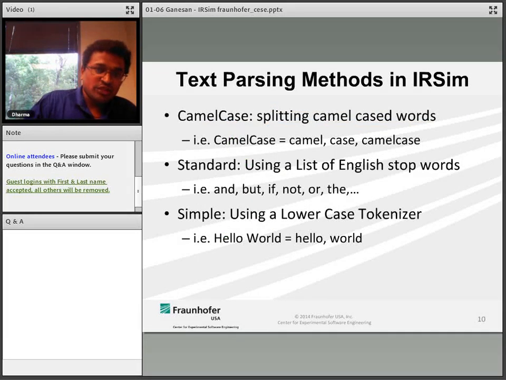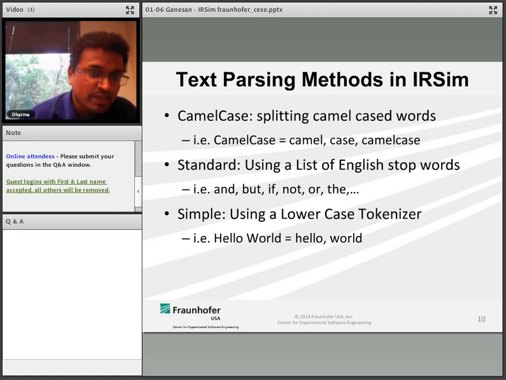So one thing the user must also do is selecting the parsing methods. We have a lot of files typically in a project, uploaded. How do we parse the file? Should we split the words? Like in programming, people put words together, right?